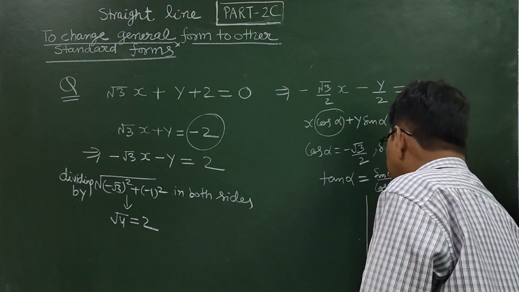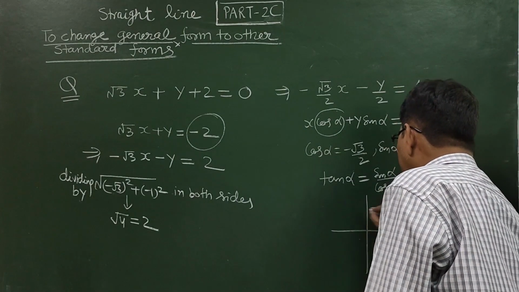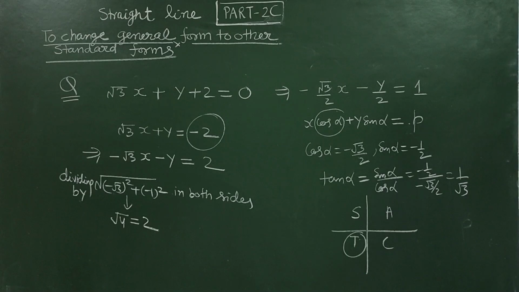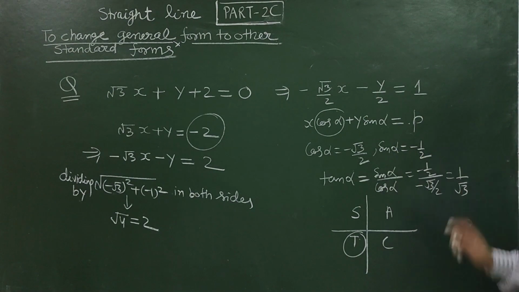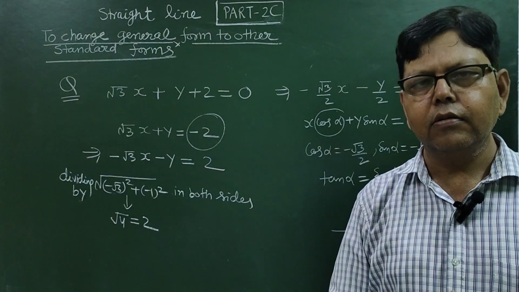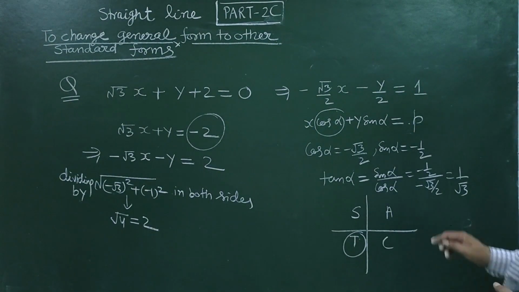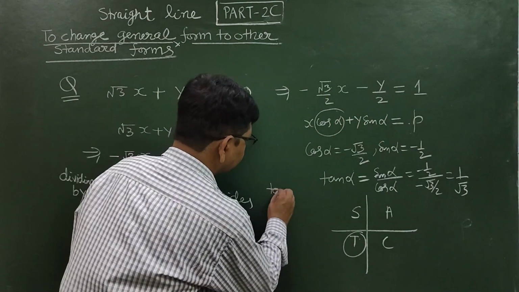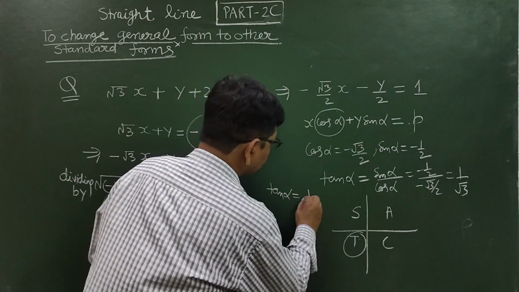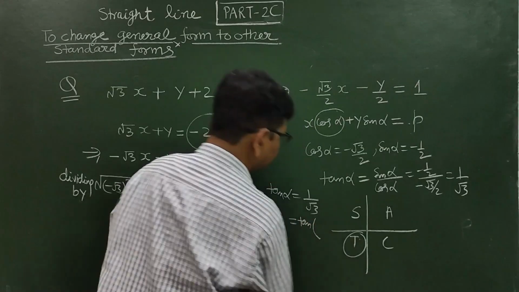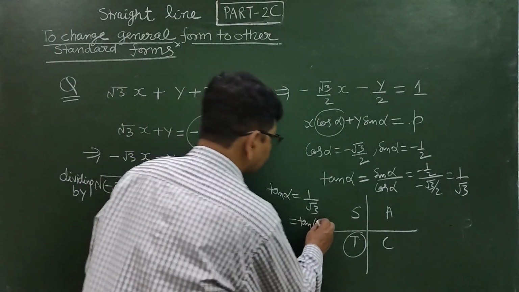Now from the ASTC rule you can see this angle lies in the third quadrant. In the third quadrant, tan alpha is positive, and sin and cos alpha are negative, which means this angle lies in the third quadrant. Now I can write tan alpha is equal to 1 upon root 3, and this is the value of tan of pi by 6.